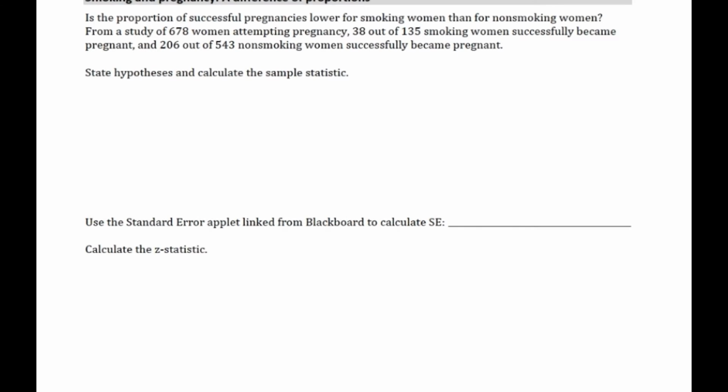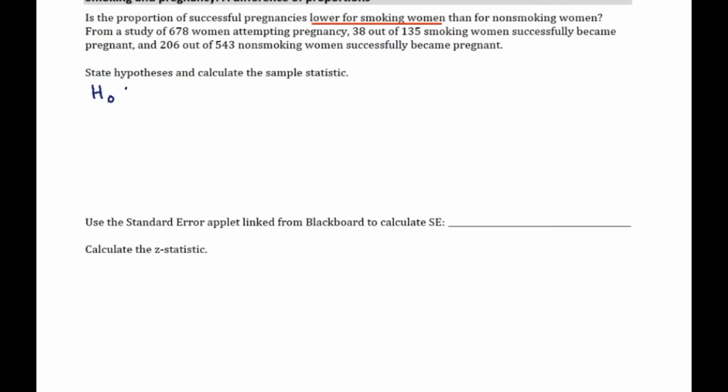So let's put all of this to some use in an example about smoking and pregnancy. We're interested in addressing the question of whether the proportion of successful pregnancies is lower for smoking women than for non-smoking women. And we have a bunch of values here that are counts from a study. So let's state our hypotheses first.